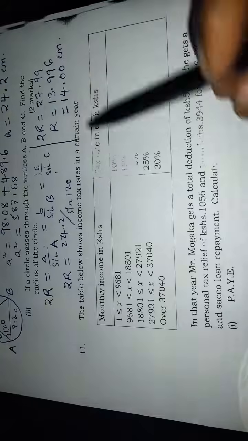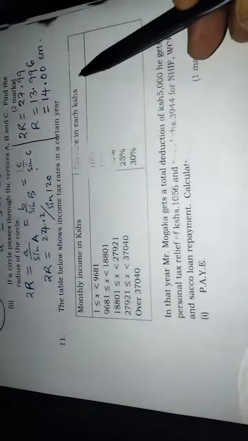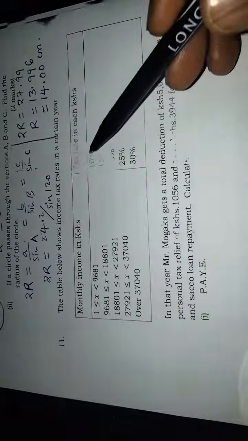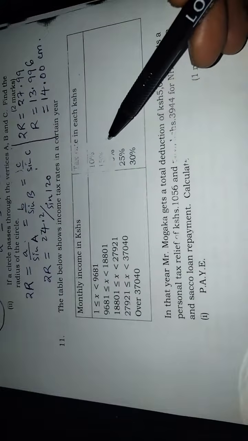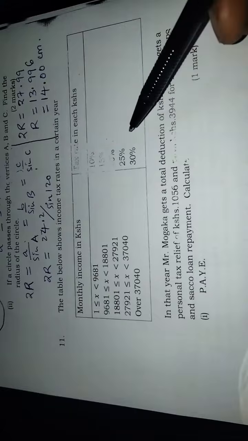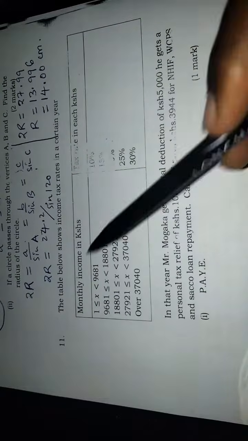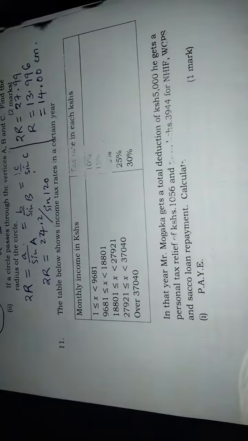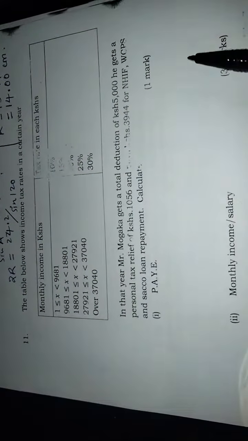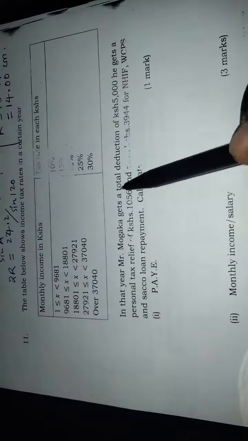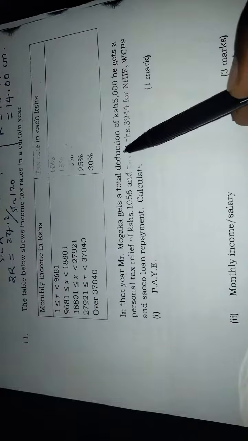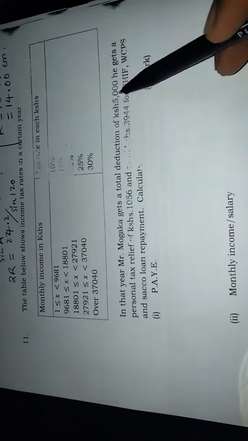Number 11. The table below shows income tax rates in a certain year. The monthly income is as given, and the tax rates in each bracket, in Kenya shillings, are percentages: 10%, 15%, 20, 25, 30%. Then the incomes are just as shown. Now we are given some information here that in that year, Mr. Mogaka gets a total deduction of 5,000 Kenya shillings.